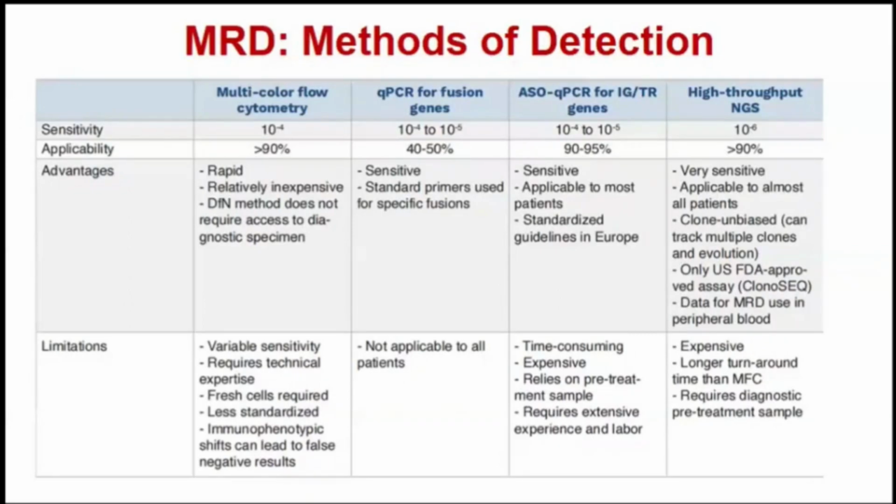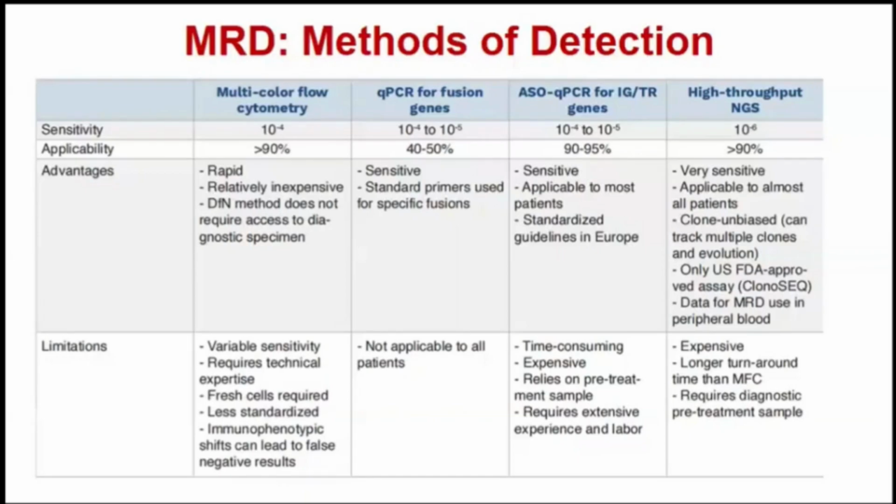And the advantages of high throughput NGS, or the molecular method, is that it is very sensitive, applicable to almost all patients, and clone unbiased, and can track multiple clones and their evolution. But the rider is that its widespread applicability is still a challenge in our country because the cost is exorbitant. The labs which are doing it are few, and the manpower is not well trained.